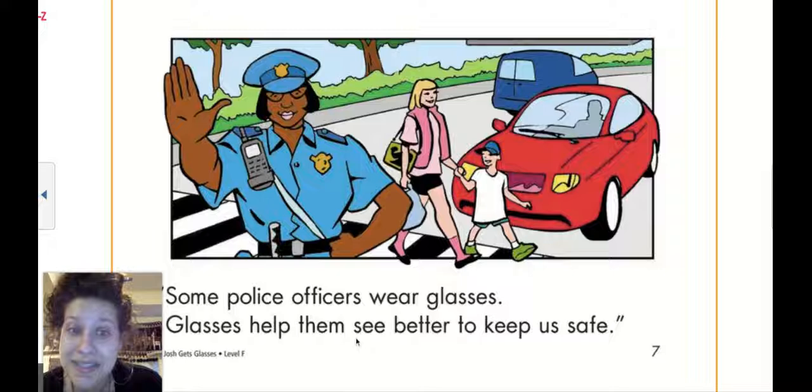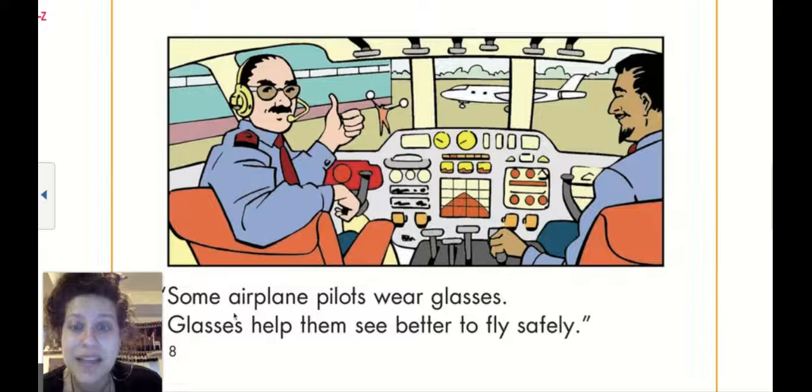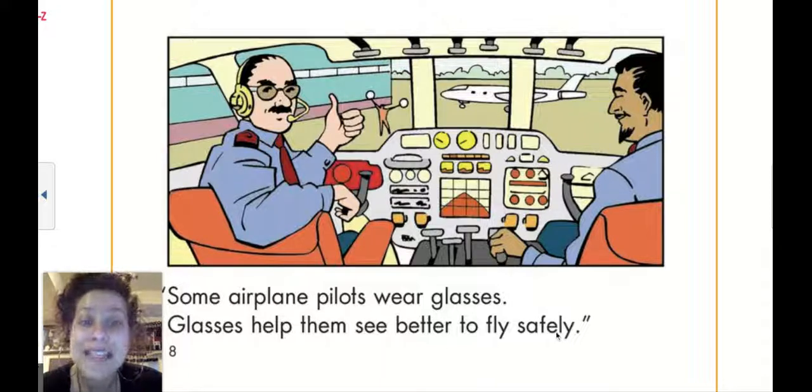Glasses help them see better to keep us safe. Some airplane pilots wear glasses. Glasses help them see better to fly safely.